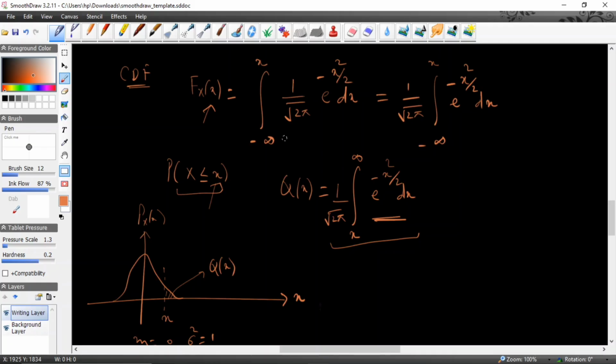Okay, and definitely the probability of X having value less than or equal to x will be given by 1 minus Q of x.